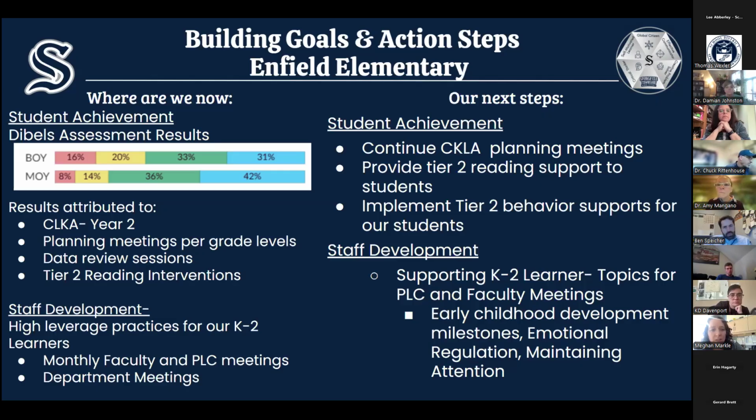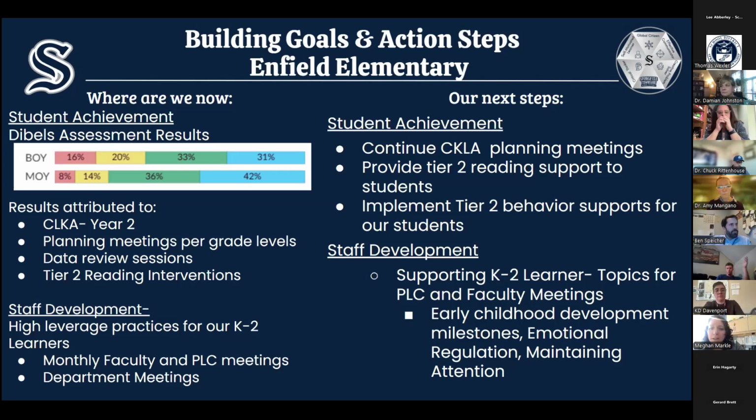The DIBELS assessments, given at the beginning, middle, and end of the year, also help us determine which students might need more targeted support. When we determine that, we provide tier 2 reading interventions through our reading specialists and reading aides as well. That's our first goal of student achievement.